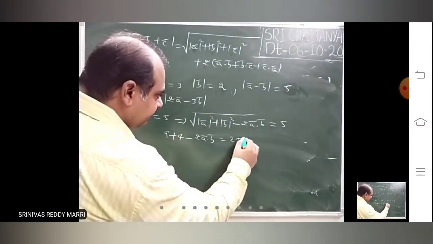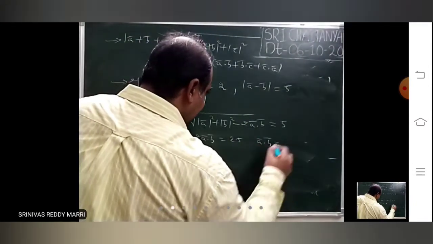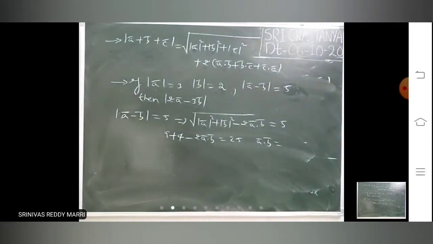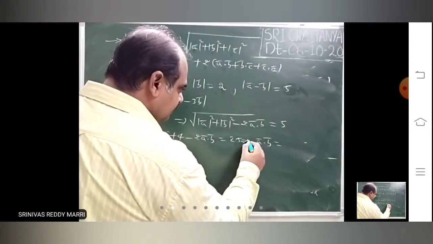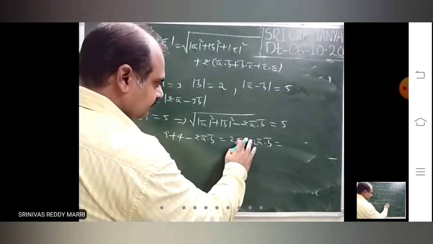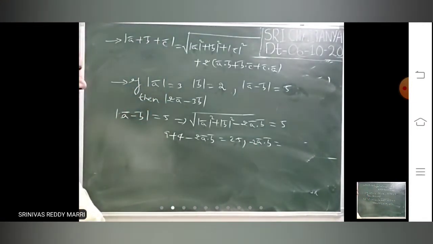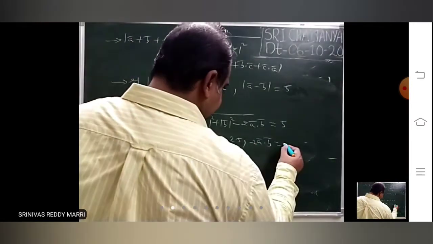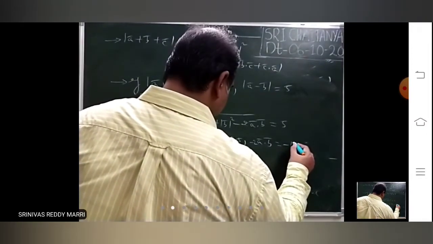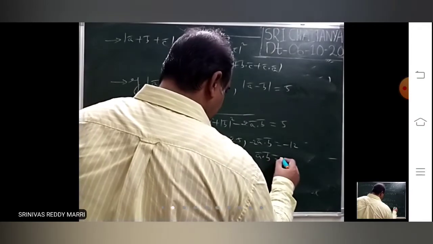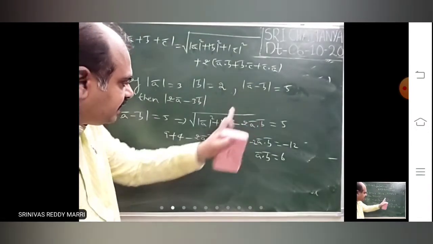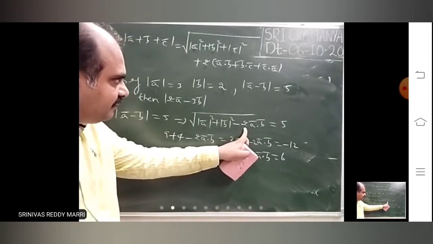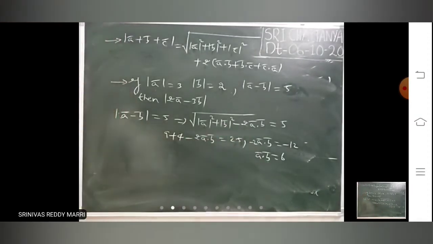That means 25. Calculate A dot B. So bring this side, that implies minus 2 A dot B equals 25 minus 13. A dot B is nothing but 6. So from this relation, by writing the formula, you can calculate what is A dot B.